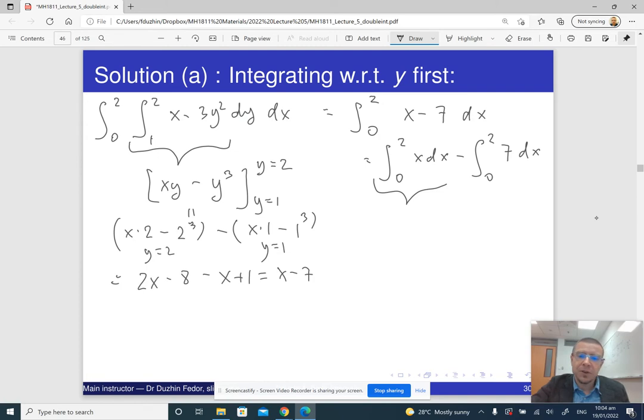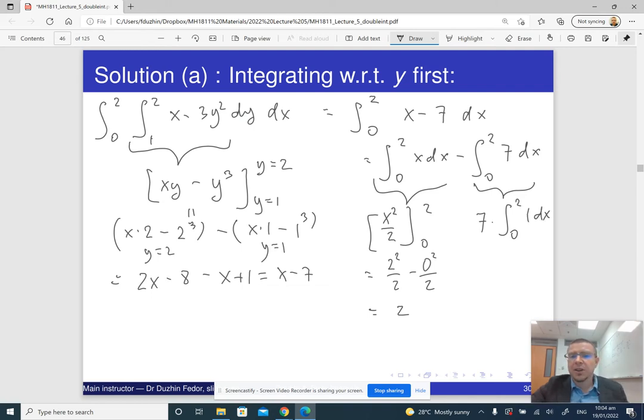Now, the first part, I am going to evaluate just like we normally do. So the antiderivative of x is x squared over 2. And then I'm going to take the change from 0 to 2. I substitute 2 into x. So 2 squared over 2 minus 0 squared over 2. So this is 4 over 2, which is just 2. And this part, I personally find it easier to factor out 7 times the integral from 0 to 2 of 1 dx.